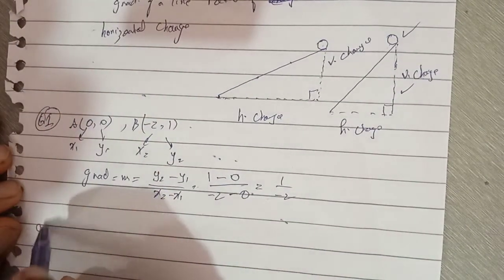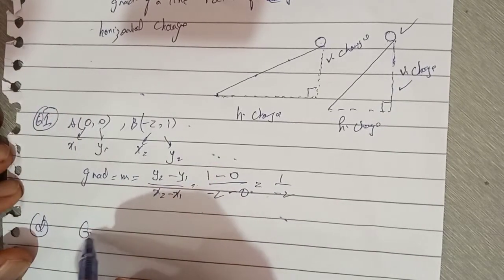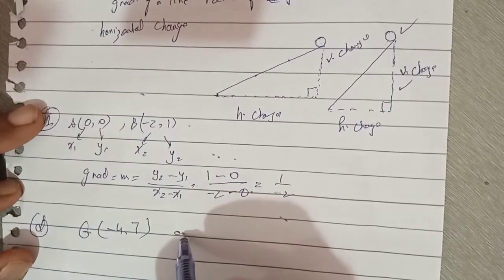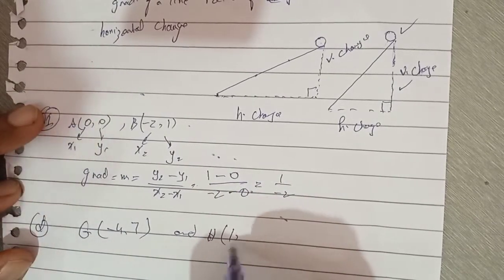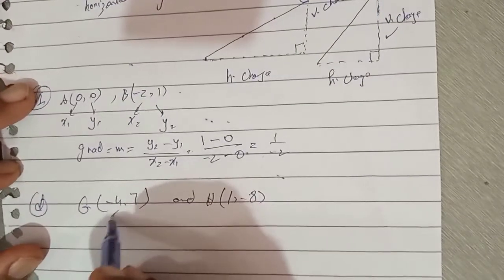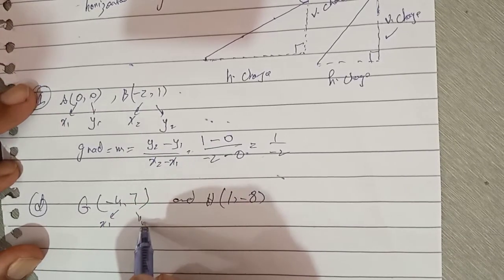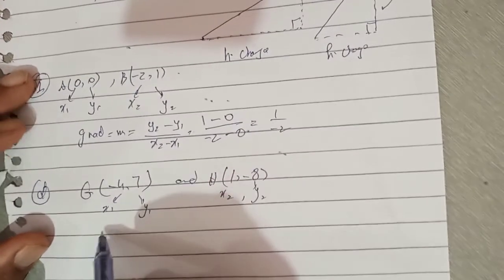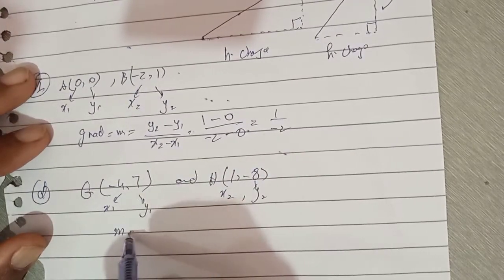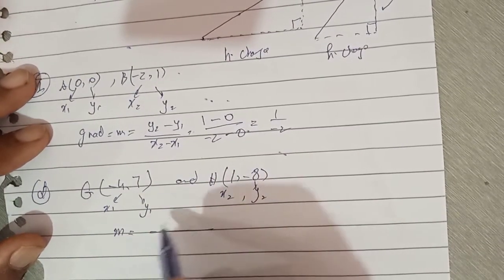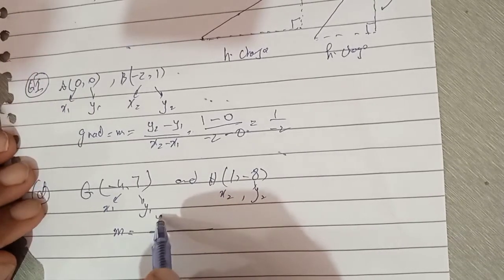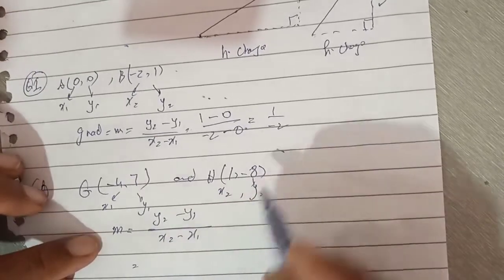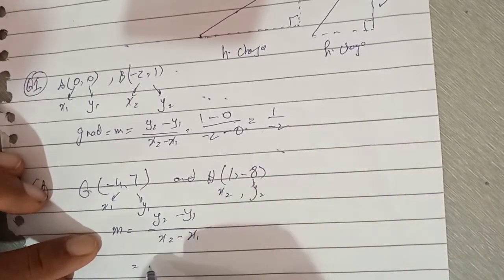If I take part d, here it is given G minus 4, 7 and H 1, minus 8. So this is x1, this is y1, this is x2, this is y2. When you want to find gradient, you write the formula y2 minus y1 over x2 minus x1. This is y2, which is minus 8.